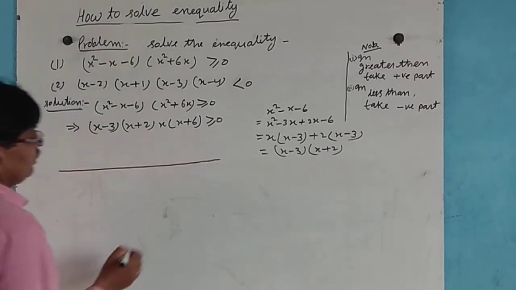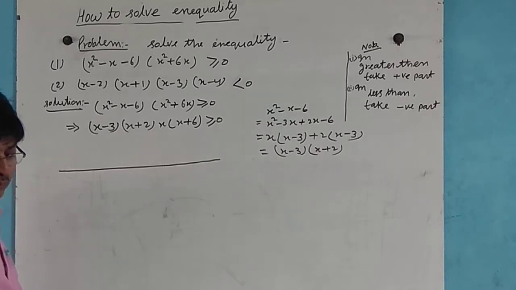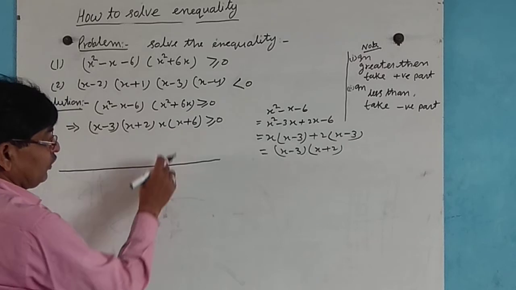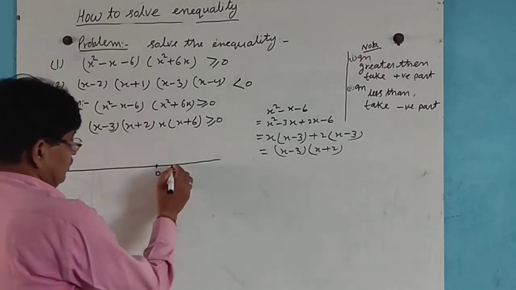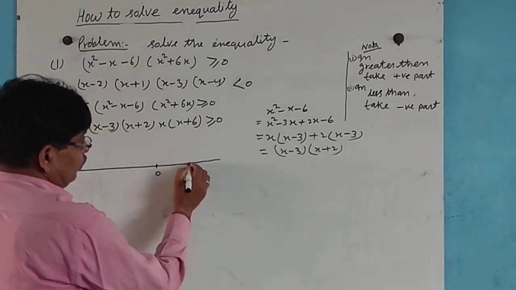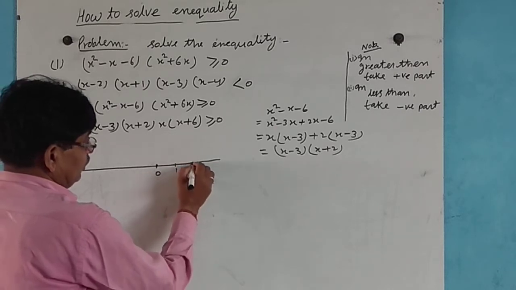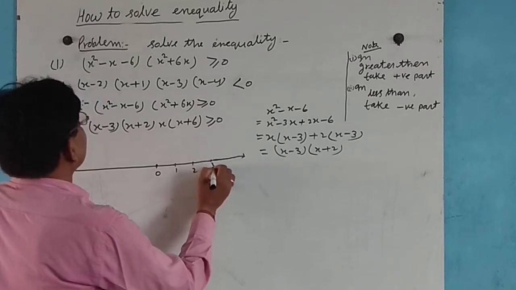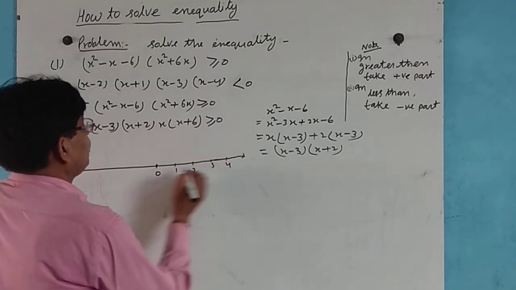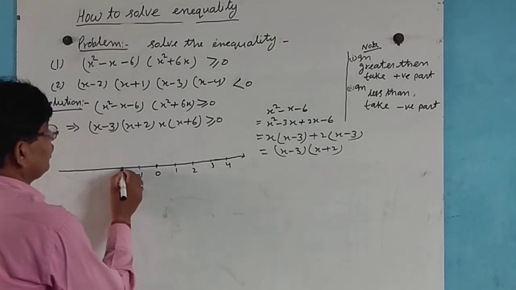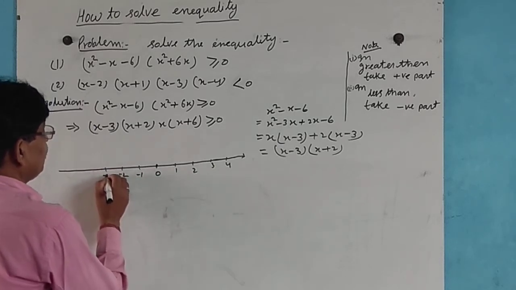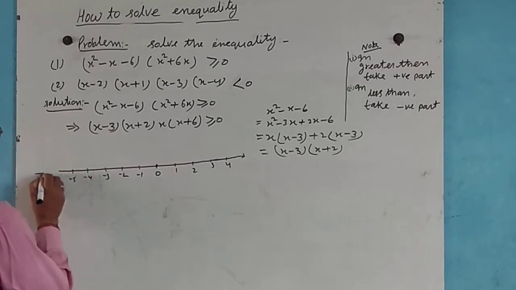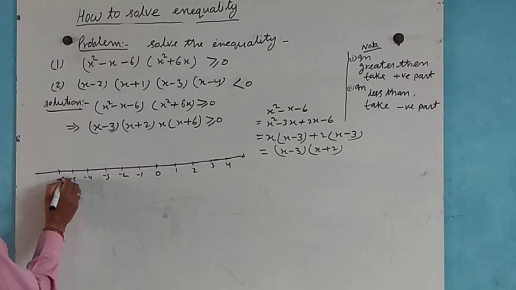We indicate on the line 0, 1, 2, 3, 4, here -1, -2, -3, -4, -5, and also here -6.